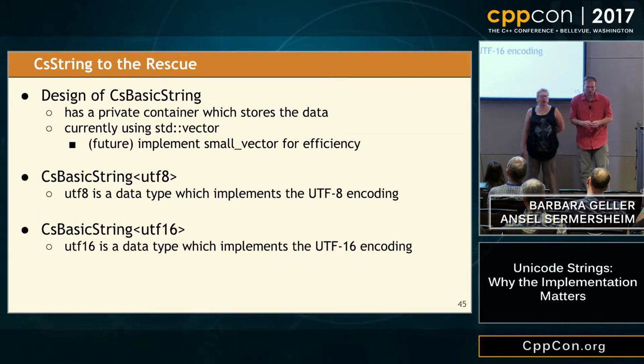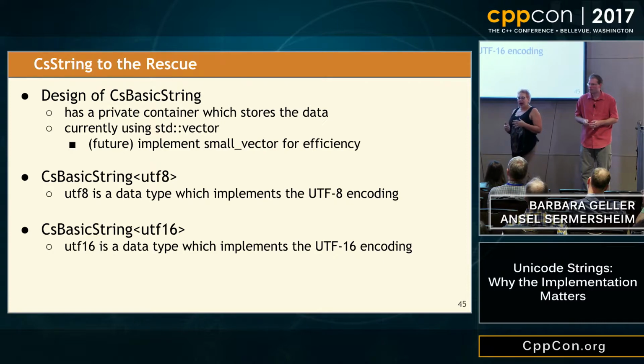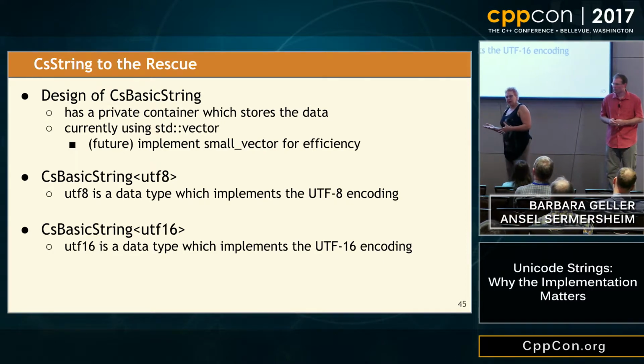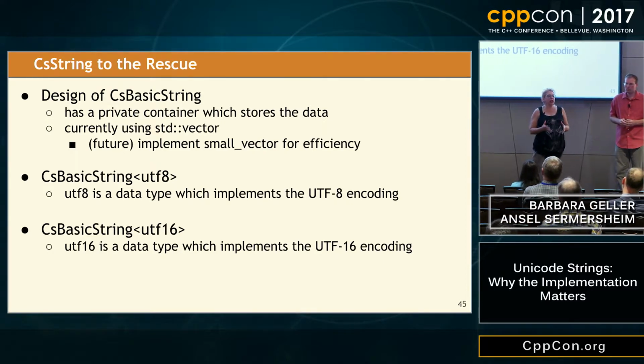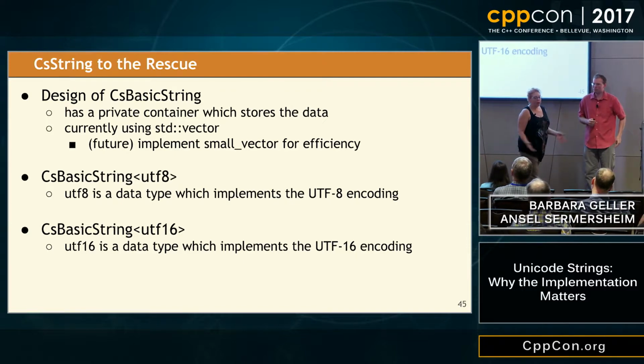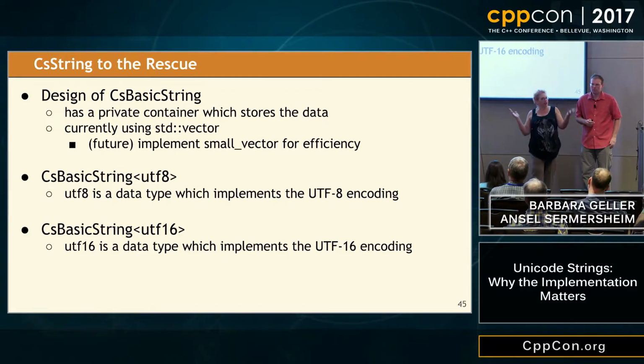So the design of the library, CS basic string, really encompasses everything we need to do. It's pretty much a drop-in replacement for std string. We have written all the methods, find, there's a lot of find methods. We have added numerous ones.